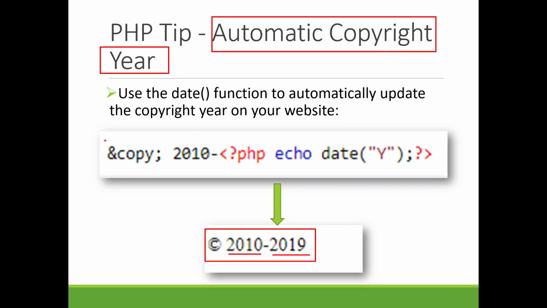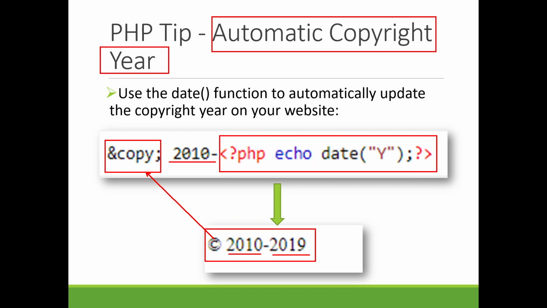Of course, we use this for printing this. That is HTML. Using HTML, we also print out the current year and the hyphen. Then using PHP, we echo the current year.